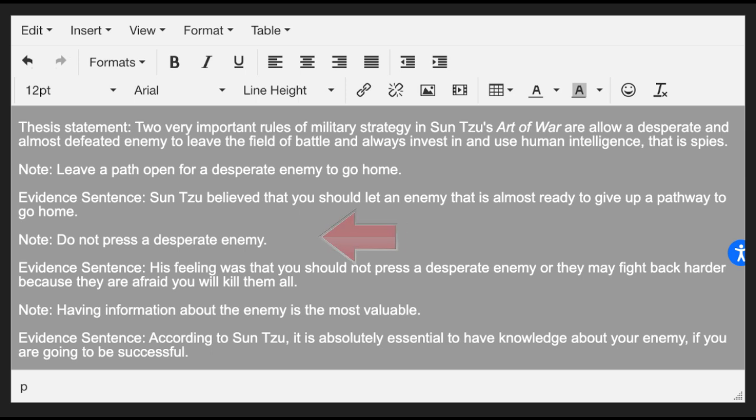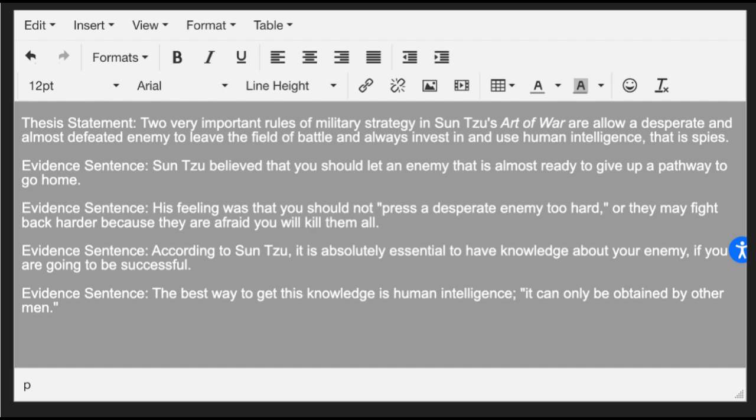Again, the second note says, do not press a desperate enemy. But the evidence sentence says, his feeling was you should not press a desperate enemy, or they may fight back harder because they are afraid you will kill them all. After we are satisfied with these evidence sentences in our own words, we erase the notes.